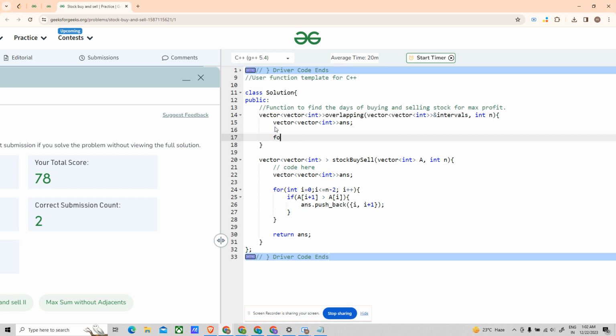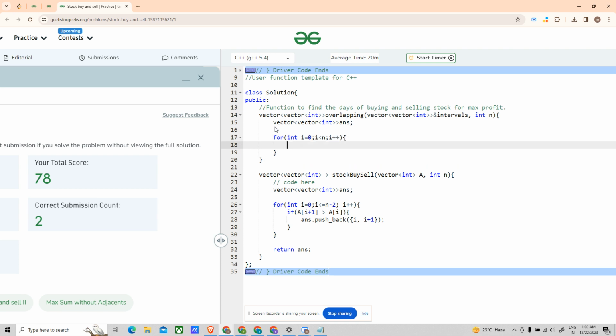Now for int i equals 0, i less than n, i plus plus. It had to be 1. First answer dot push back intervals 0. Move the pointer from 1 to n minus 1.